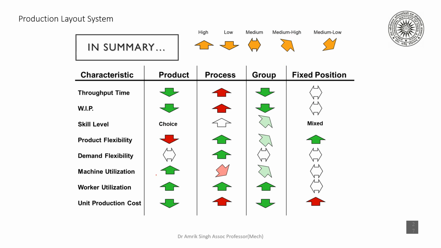Now in the summary, we can say here, you see, these are the characteristics: product, process, group, and fixed position. So this indication is for high, this indication is for low, this is for medium, this is for medium to high, and this is medium to low. It is going towards high, so it is medium to low.